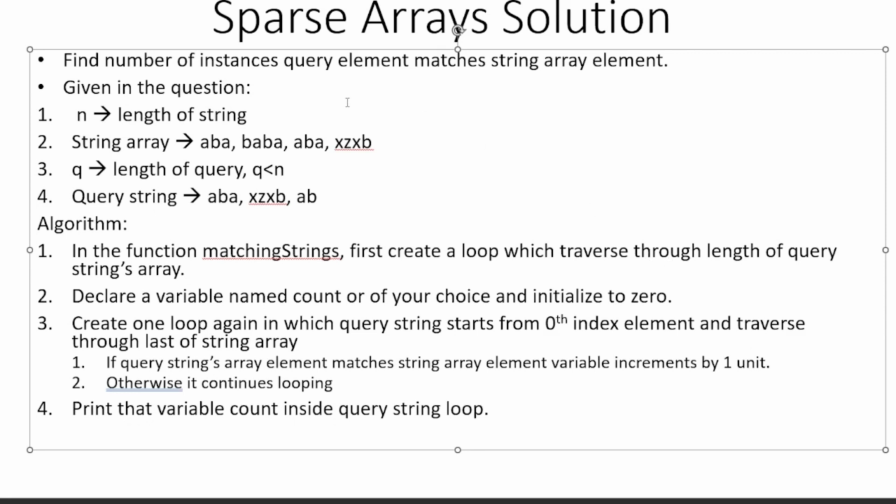So let's say we have 3 elements in the query strings, then we will traverse from 1 to 3, and just inside that loop we will declare a variable and initialize it to 0. When we are counting something, I generally name this variable count and initialize it to 0.